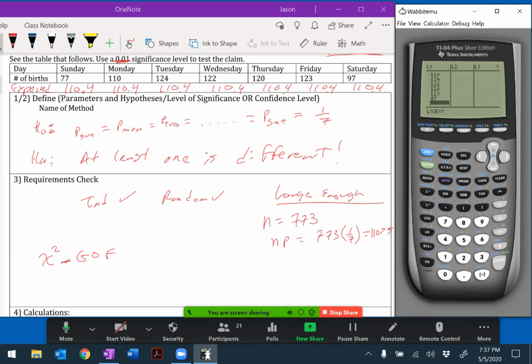Now I'm going to be a little sneaky in getting L2, because they're all going to be the same. So I'm going to say it's the total number divided by 7. Boom, look at that, it calculates it for me. So the total number, 773, divided by 7. It'll be a much more accurate result this way.